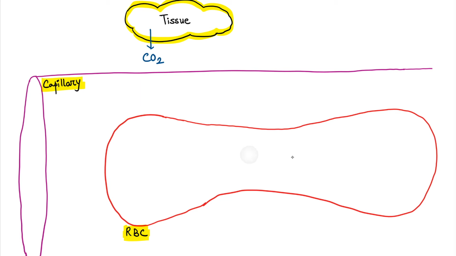So carbon dioxide, being a gaseous molecule, will easily penetrate the capillary endothelium, and it will enter inside the plasma. This carbon dioxide inside the plasma will be transported via 3 forms. First of all, dissolved carbon dioxide, right?